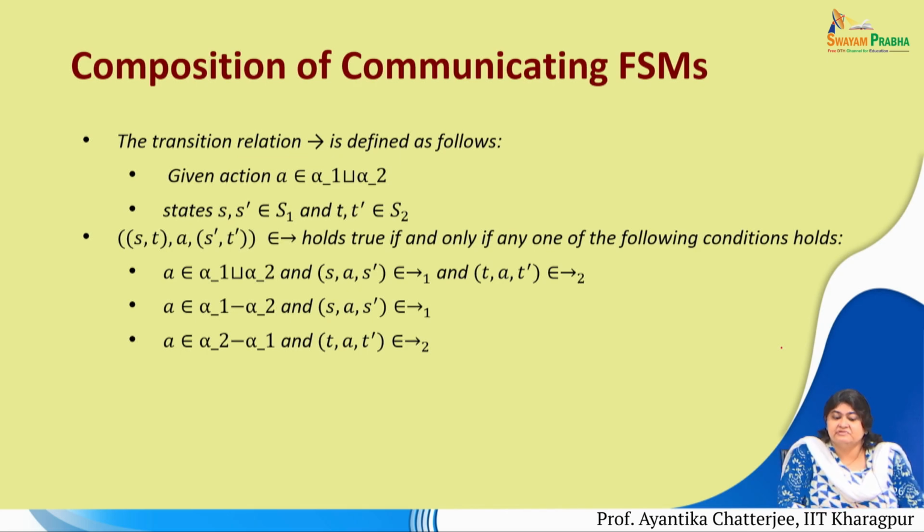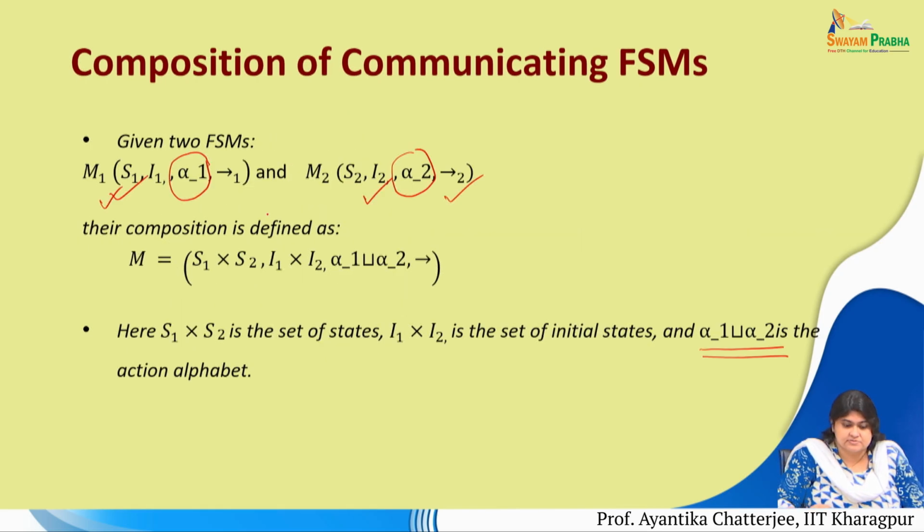Now, come to the transition relation, and see what is the difference with our previous concept of finite state machine. Here we have these actions. Any action A we define comes from this union set, and we have some states defined. The S dash belongs to S1, that means it is coming from FSM M1, and T dash belongs to S2, coming from M2.